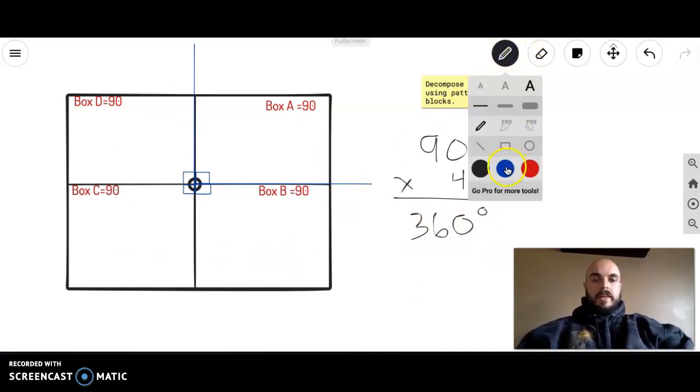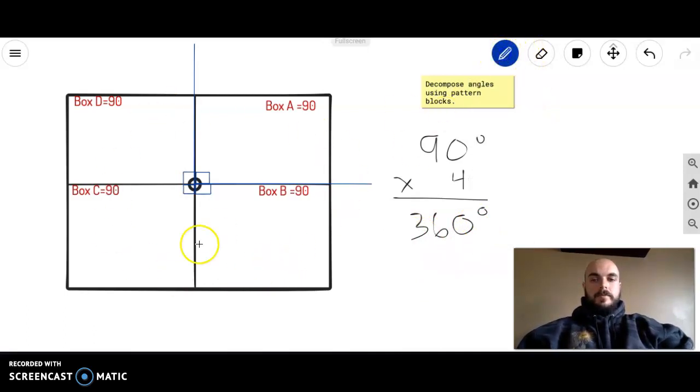So it's almost like if I were to take another line here and then bring it all the way around: 90, 180, 270, 360.